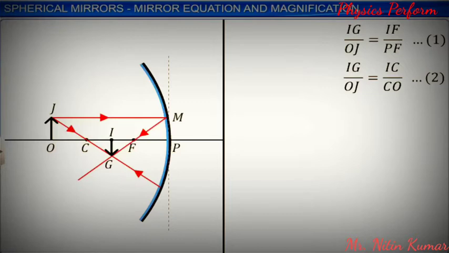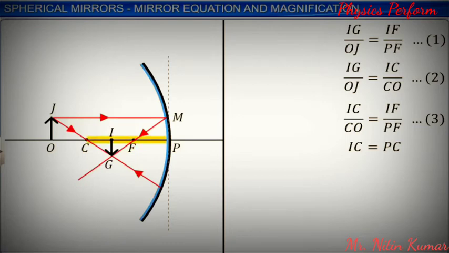But from the ray diagram, we can write IC is equal to PC minus PI, where CO is equal to PO minus PC, and IF is equal to PI minus PF.